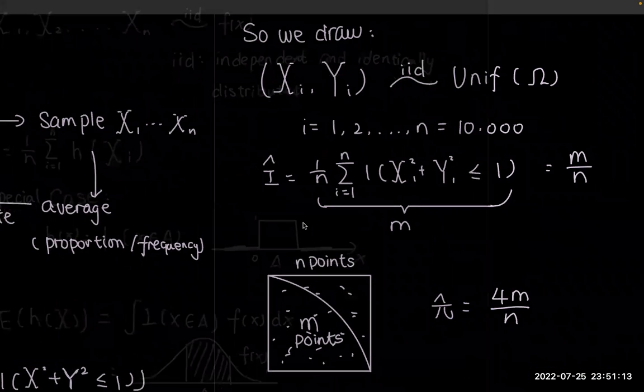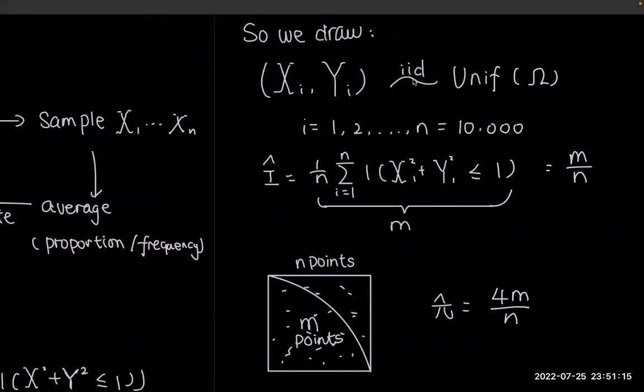In other words, we can sample IID points, independent and identically distributed, from the uniform distribution over this unit square. Suppose we do this 10,000 times, and then we approximate the integral by this I hat, which is the average of these indicator functions, which count how often the random point falls into A.